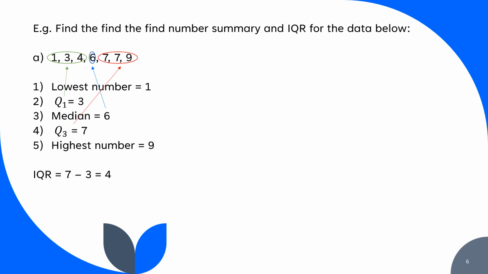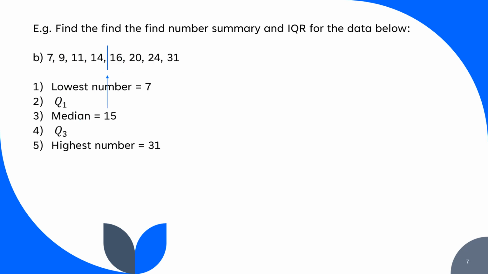And so the middle of the lower 50%, Q1, is 3, and the median of the upper 50%, Q3, is 7. So there's our 5-number summary. Lowest is 1, Q1 is 3, median is 6, Q3 is 7, highest number is 9, and our interquartile range is 7 minus 3, Q3 minus Q1, which is 4.